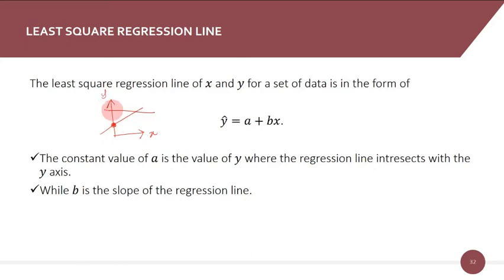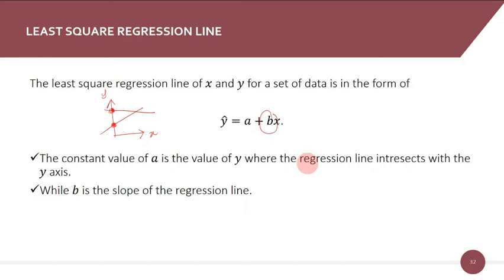It can be in any direction. So this is referred to as the value of a, where the line intersects with the y-axis, while b is the slope of the regression line.